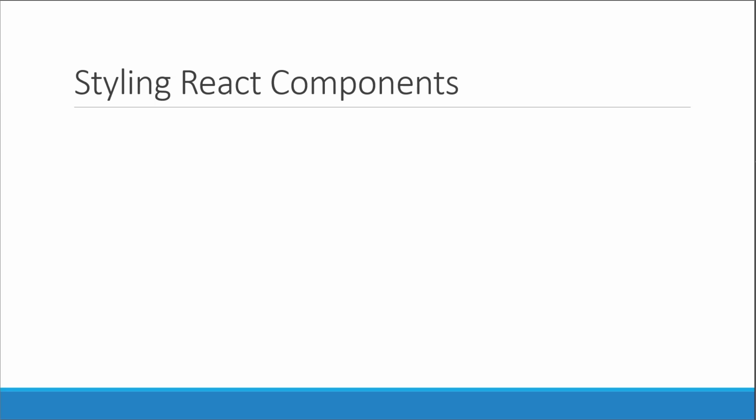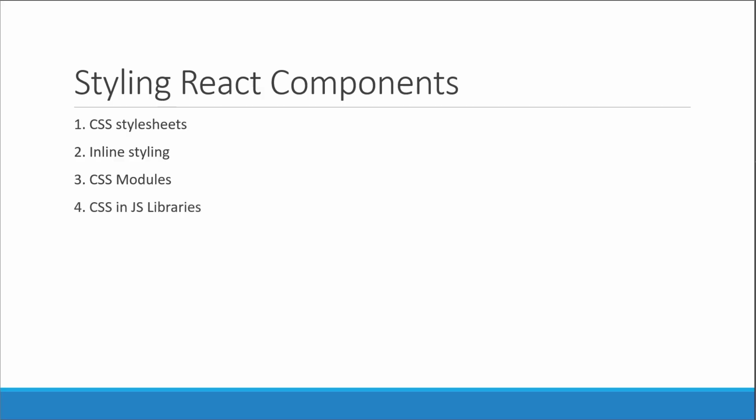Alright, next, we're going to learn the basics of styling and CSS when it comes to React. There are a couple of options to style React components. The first one is regular CSS style sheets. The second one is inline styling. Third, we have CSS modules.